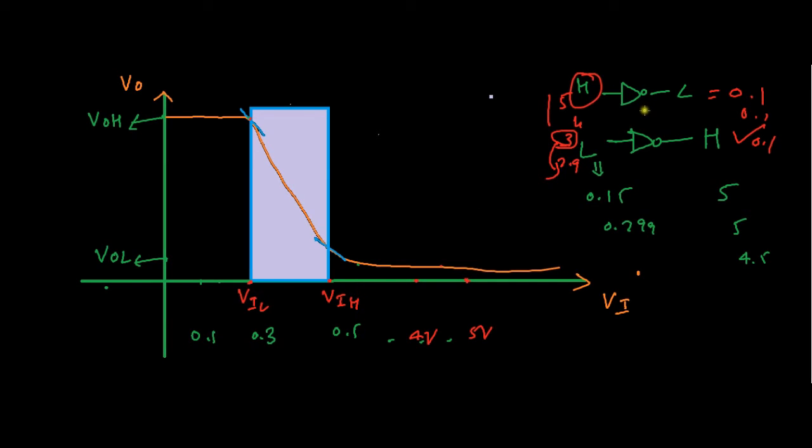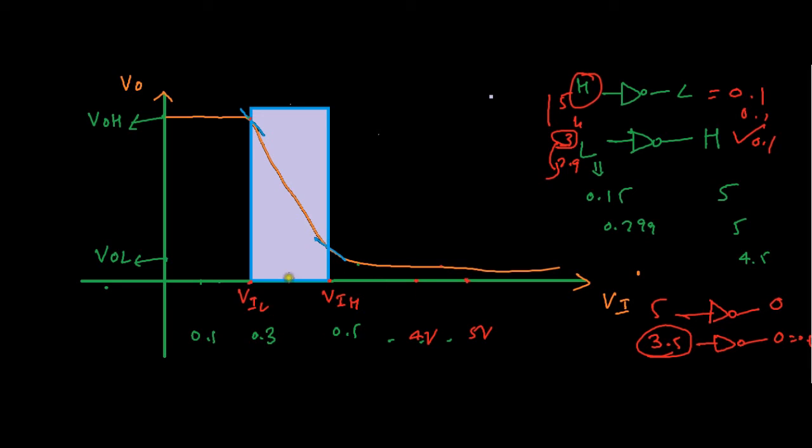Ideal situation is I should give 5 and expect 0. But in practical cases, I can still give 3.5 and still expect my output to be 0 or close to 0. In my case, 0.1. So this is the minimum acceptable high level input voltage. That is called VIH. I hope it is clear now to everybody.